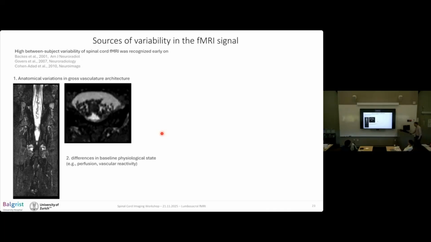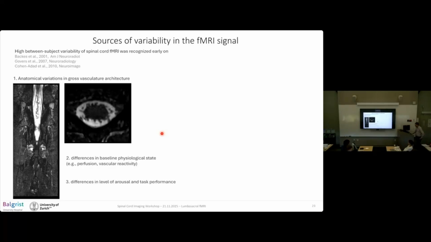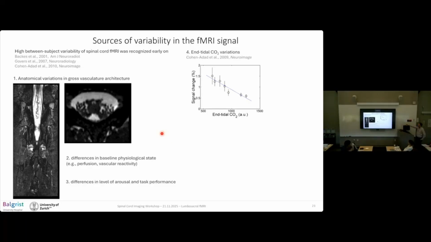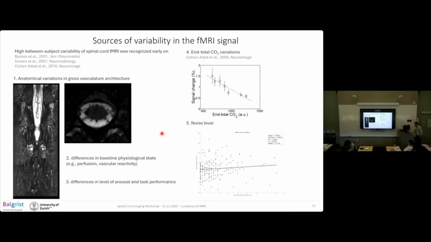Other reasons include differences in the baseline physiological state, especially the blood volume, blood flow, vascular reactivity, differences in level of arousal and task performance. In Julian's study, he investigated the relationship between end-tidal CO2 level and the BOLD signal change, and he found a negative correlation. Basically, the lower the end-tidal CO2 was, the higher was the BOLD signal change.